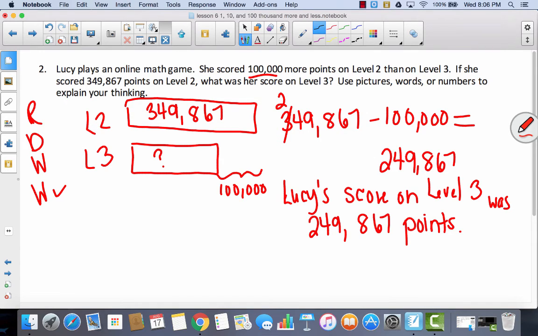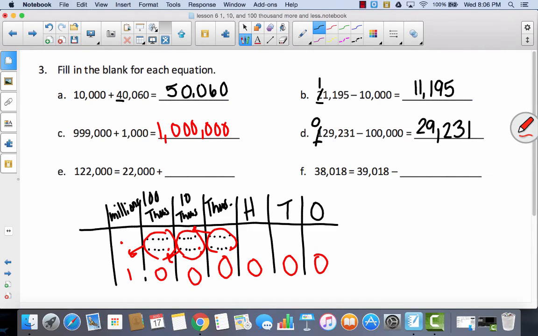Okay, so now we're going to go back to number 3, but this time we're going to do E and F. Now you'll notice that E and F are written a little bit differently. Look at where your equal sign is. Here we have an add-in plus an add-in equals a sum. Here we have sum equals add-in plus add-in.